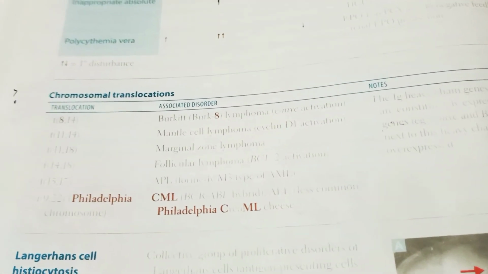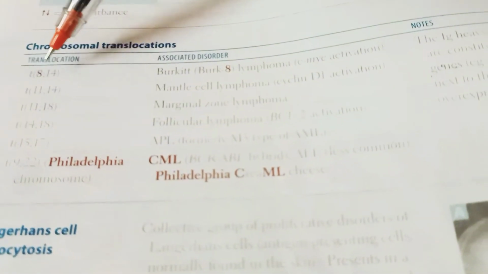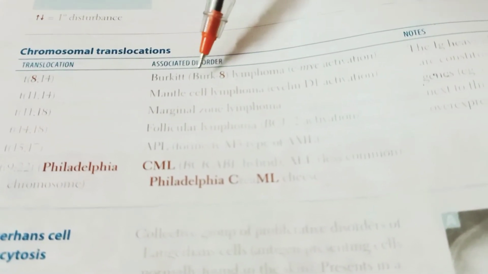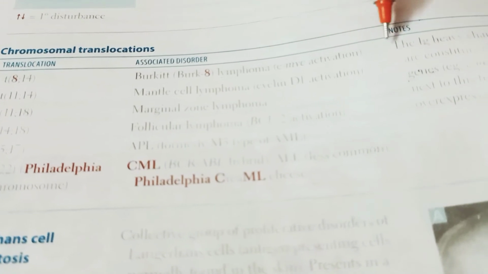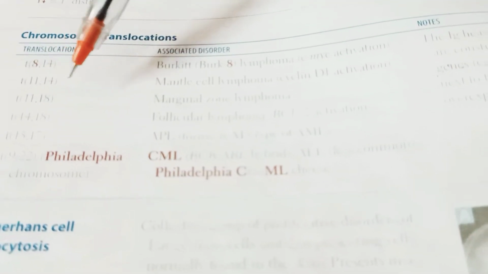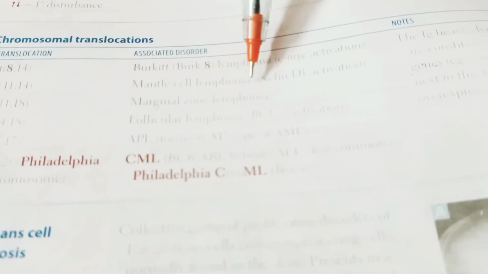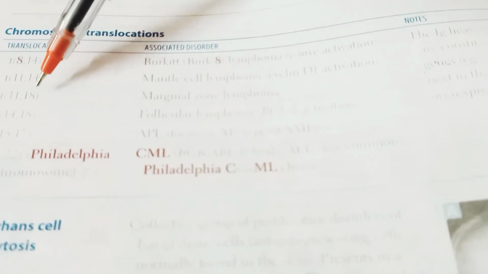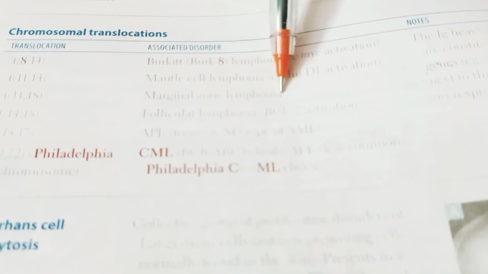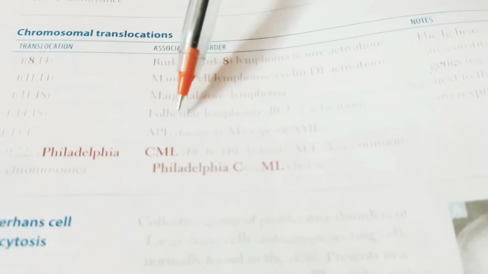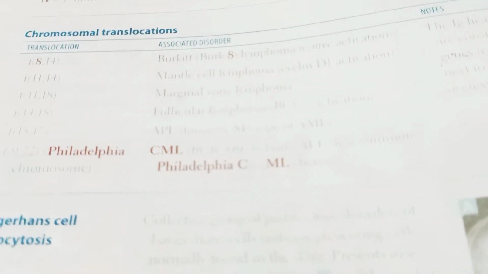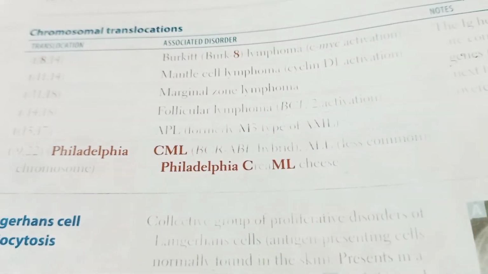Let us see chromosomal translocations. Translocation of 8 and 14, t(8;14), is Burkitt lymphoma, c-MYC activation. 11;14 translocation is mantle cell lymphoma, cyclin driven activation. 11;18 translocation is marginal zone lymphoma. 14;18 translocation is follicular lymphoma, that is BCL2 activation.